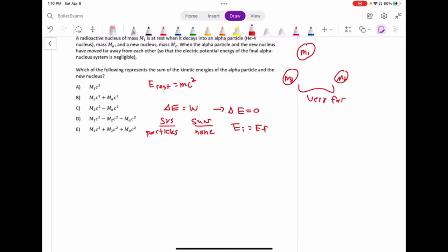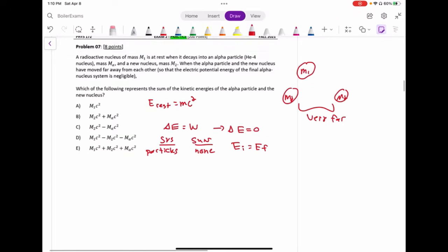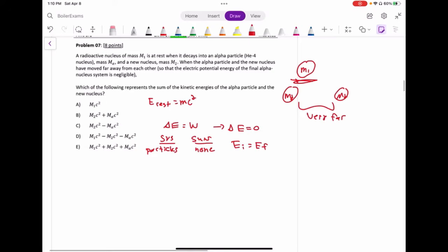Okay, so what is our initial energy? The only initial energy we have is the rest energy of this particle. So m1c squared equals the final energies. When they're very far away, they're going to break apart and then be moving with velocities. So, here we go.